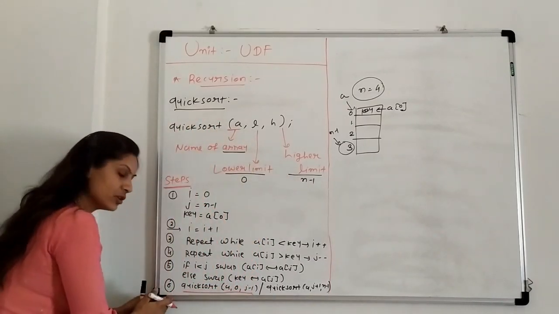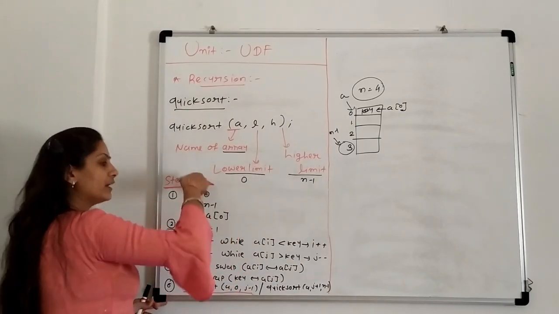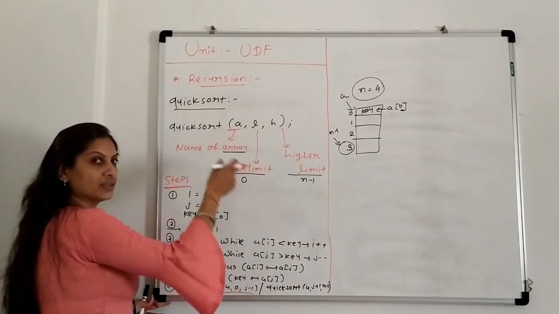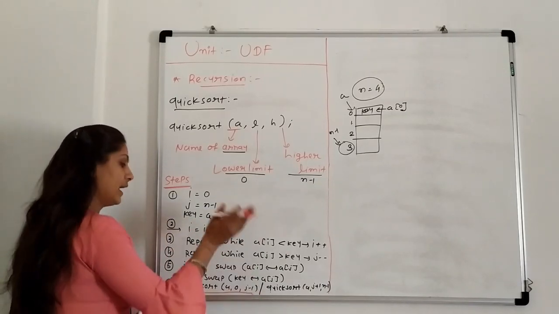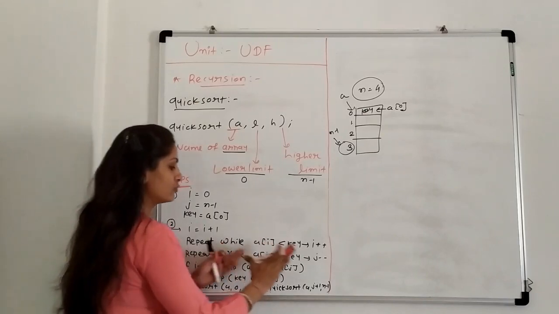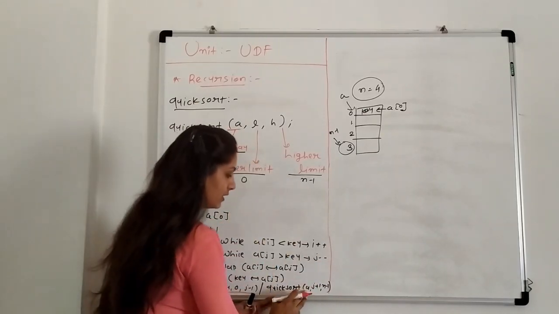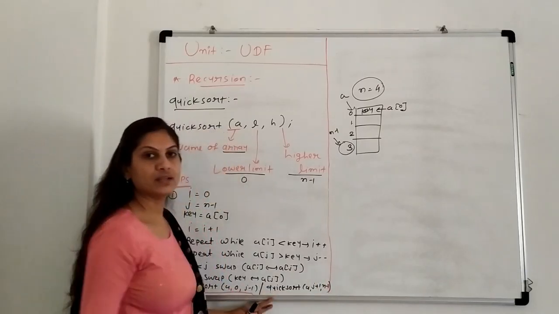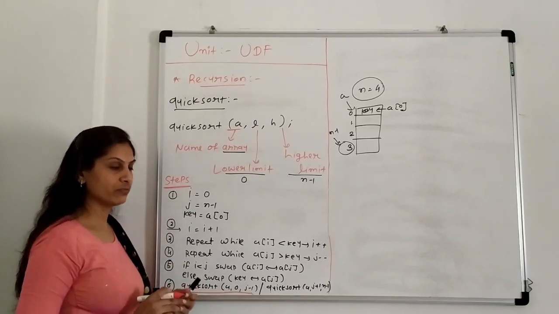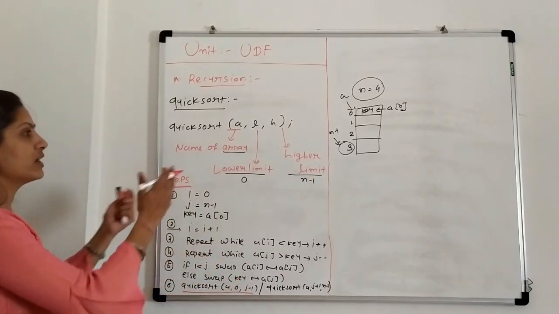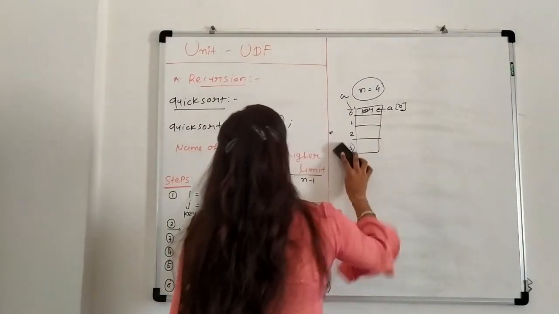Whenever we execute these steps, the last step is again quicksort, meaning the function calls itself, and we have to process the same thing with a, 0, j minus 1. After completing this portion, we again use the concept of recursion for the same quicksort with a, j plus 1 and n minus 1. Clear? So this is the concept of quicksort and how to perform it. Now according to these steps, we are solving one problem. Let us start with that problem.